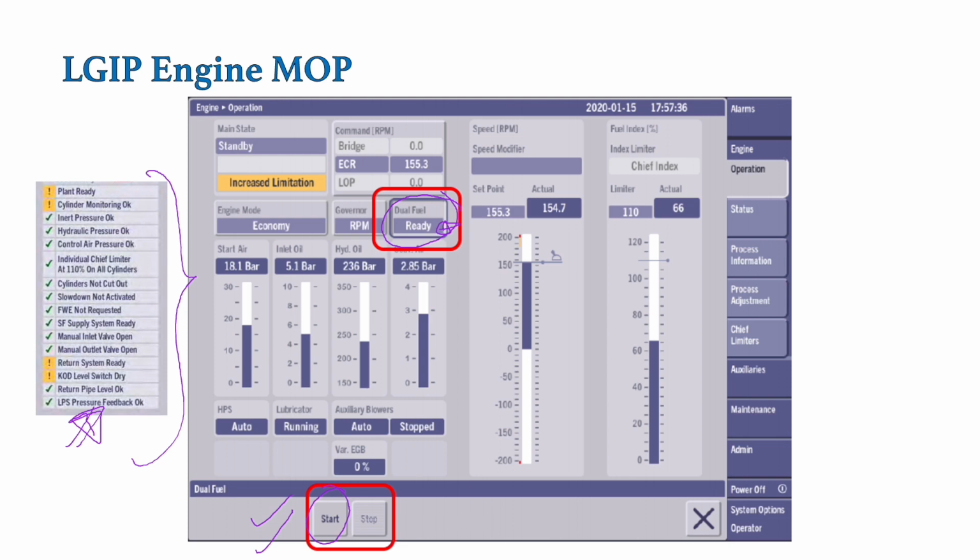Starting basically means that the engine is carrying out a few checks for operation of the main engine on dual fuel mode. When all the checks are carried out and the engine has fully changed over from primary fuel to secondary fuel, the status will change from starting to running.